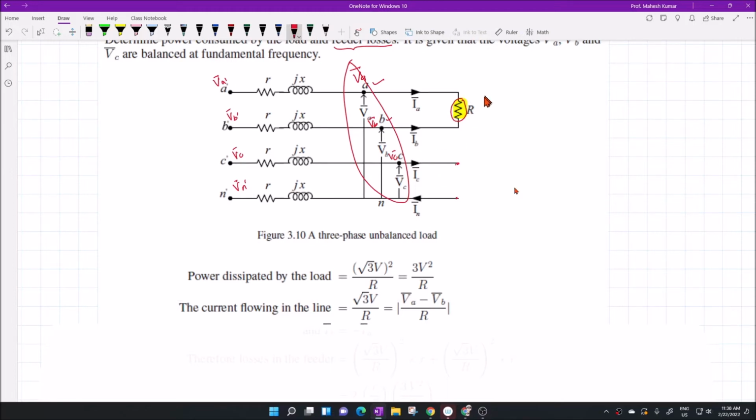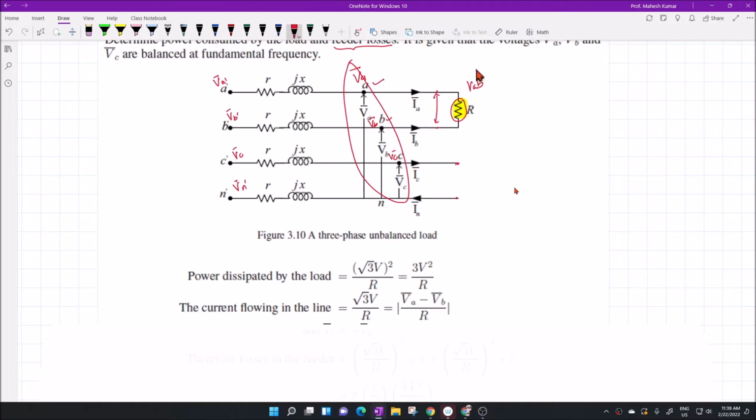The output power will be nothing but the power consumed by this load. And what is that power? It will be voltage into current in this component R, or voltage square by this R. I know this voltage. This is the line to line voltage, VAB.